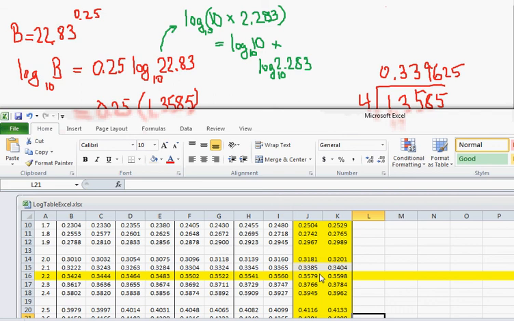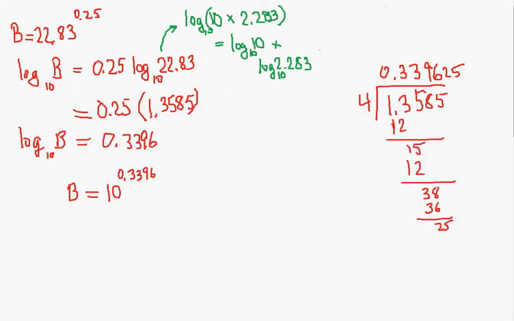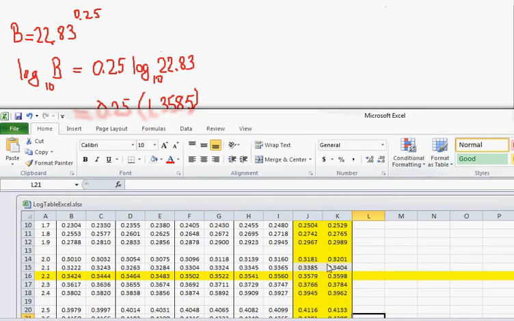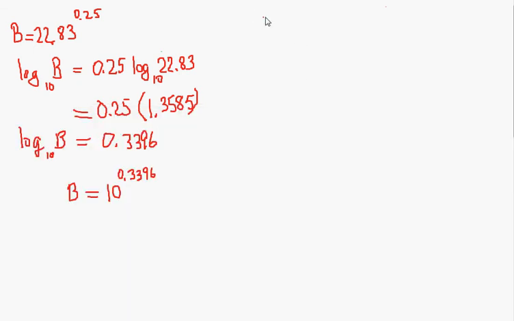So let me clear out some space here so I can write this down. So 2.18 goes with 0.3385. And the other one, 2.19, goes with the next number, which is 3404.